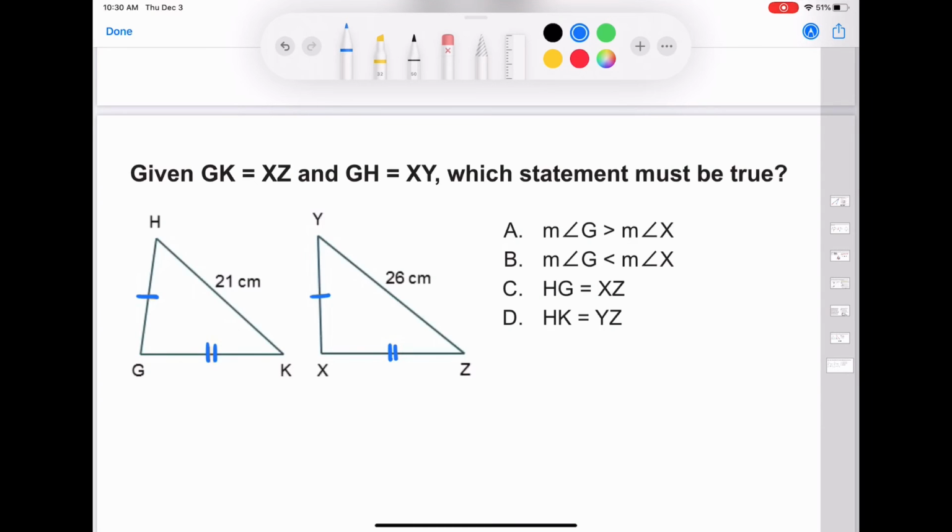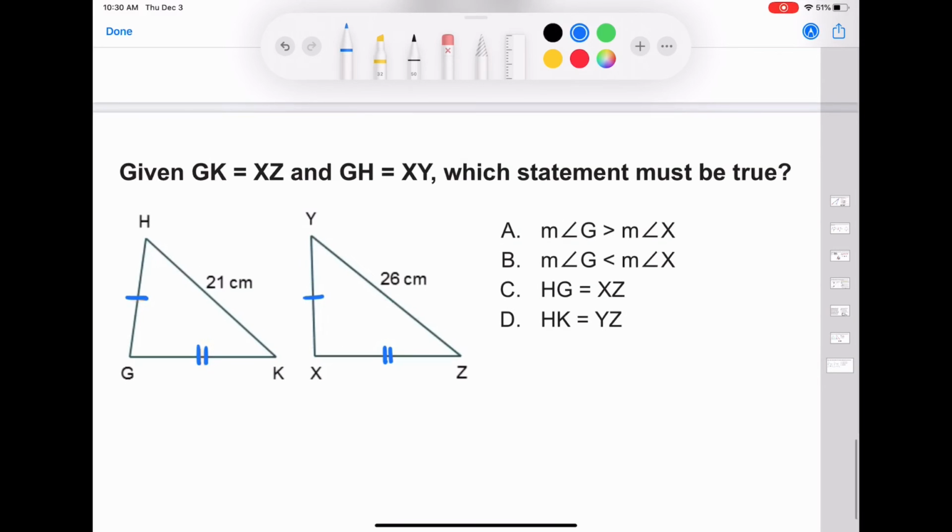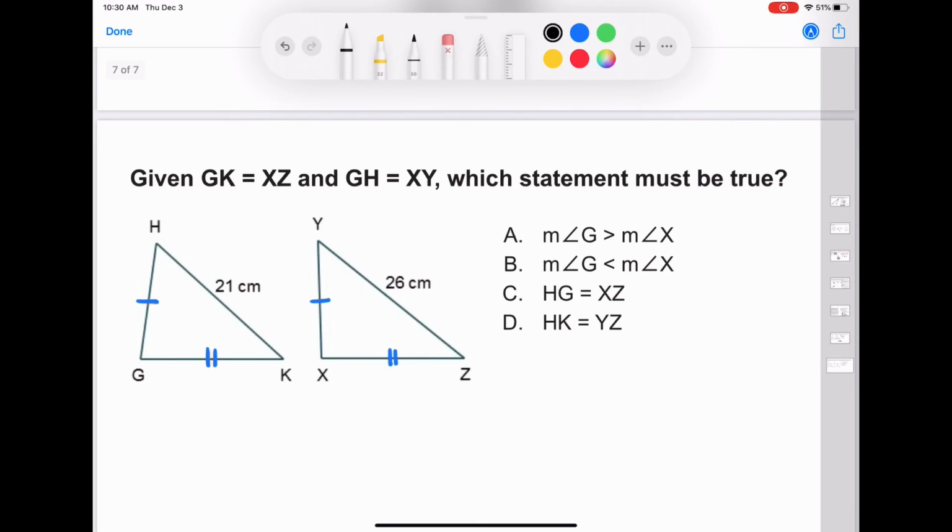So basically, if we have two congruent sides, and one of those triangles has a larger length on the third side, specifically side YZ, as you can see here, YZ has 25 centimeters, while HK has 21 centimeters. Well, because the side is larger for YZ, YZ will have a larger opposite angle.